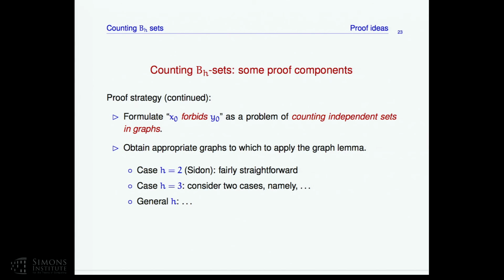You can show that any not too small set has enough edges so that there cannot be too many independent sets. So the graph is lower regular or pseudo-random, at least from below. But then for h equals 3 or bigger, it's a lot messier. Anyway, I will not try to say more than that.